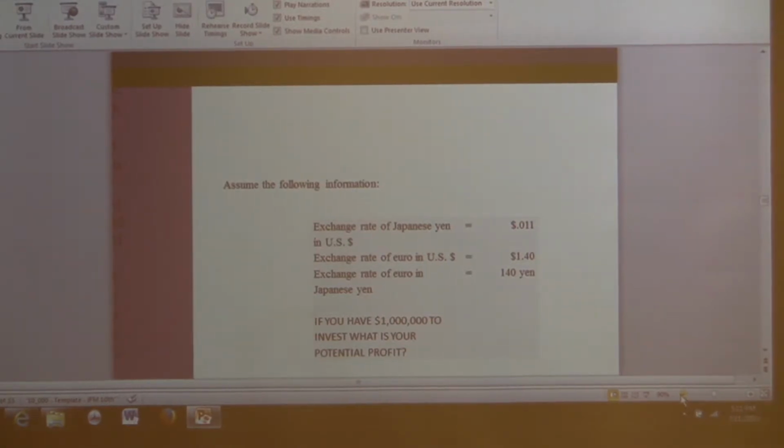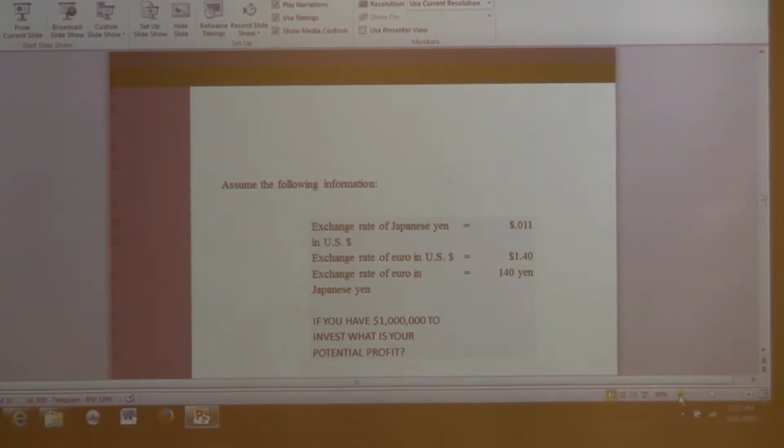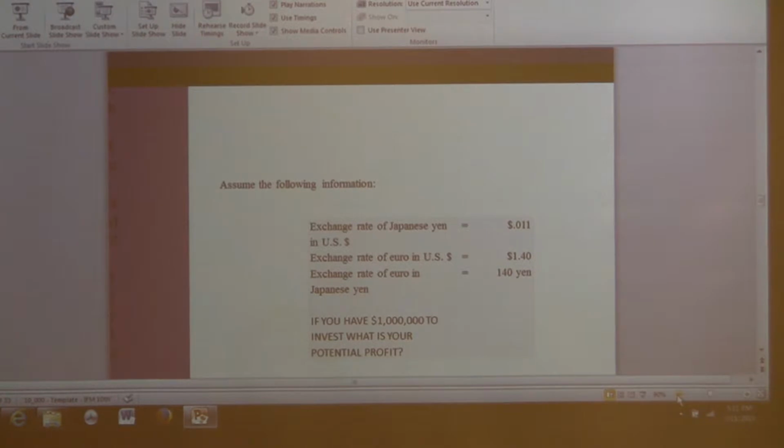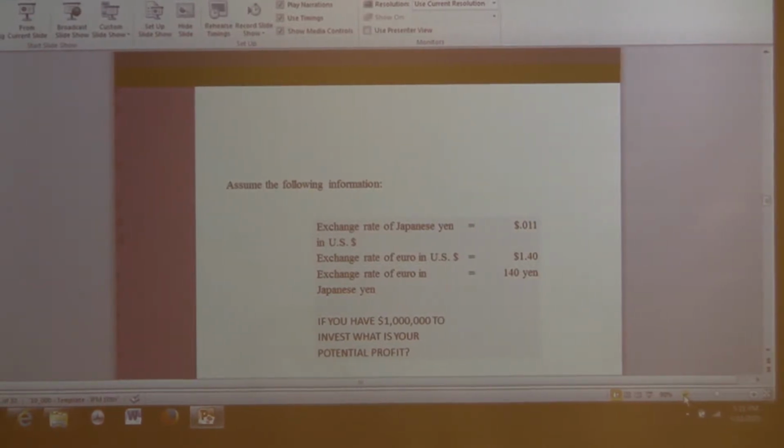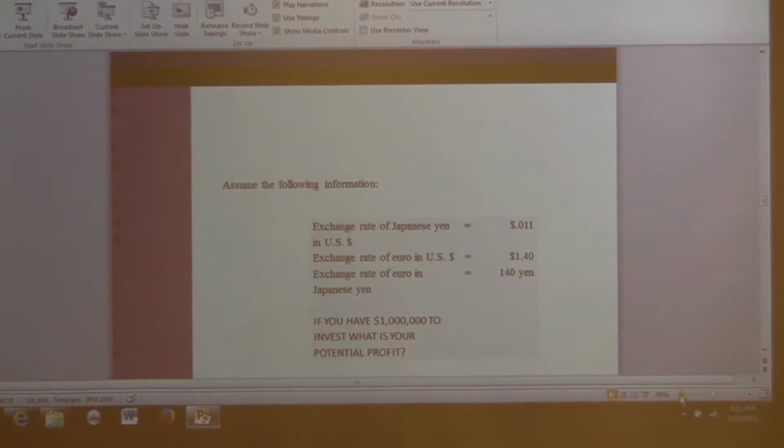So when you talk about the euro to the yen, that is given by the euro to US dollar times US dollar to the yen. So that's the way you want to do that when you look at the exchange price. Okay?